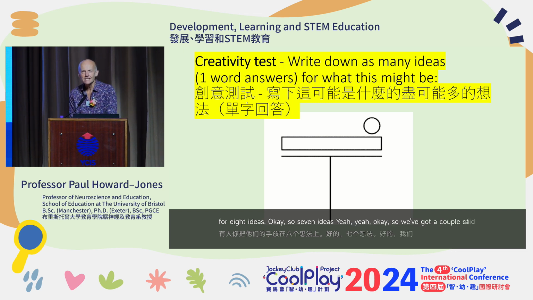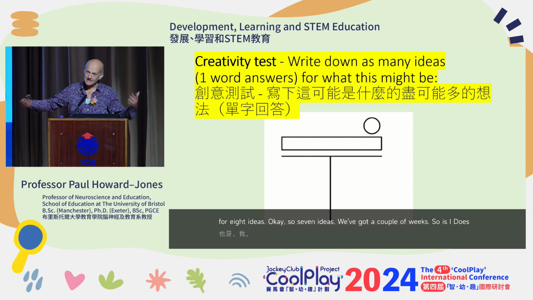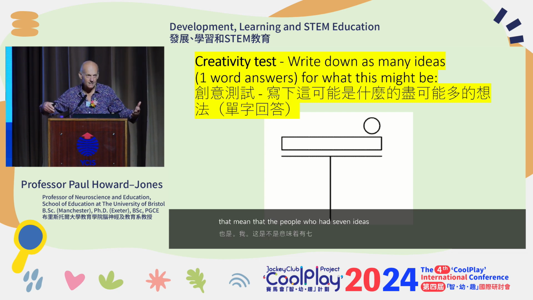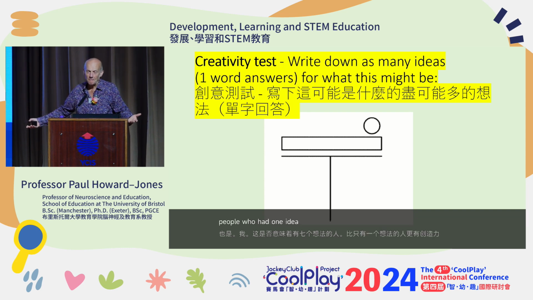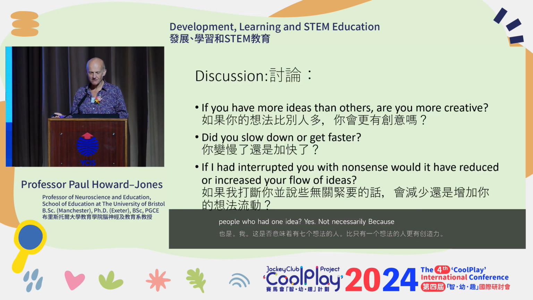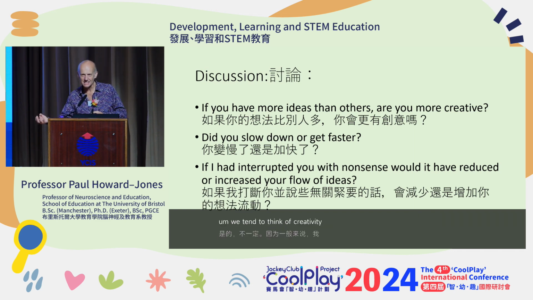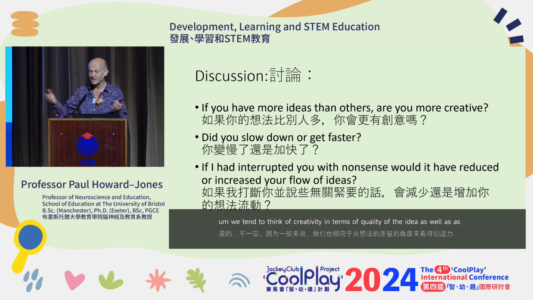So does that mean that the people who had 7 ideas are more creative than the people who had 1 idea? Well, yes. Okay. Not necessarily, because generally speaking, we tend to think of creativity in terms of quality of the idea as well as the actual producing lots of ideas.